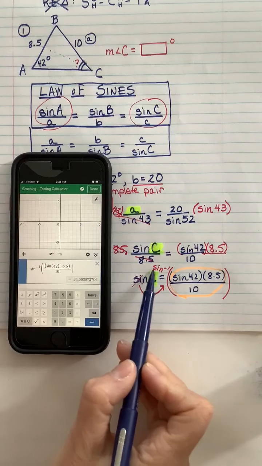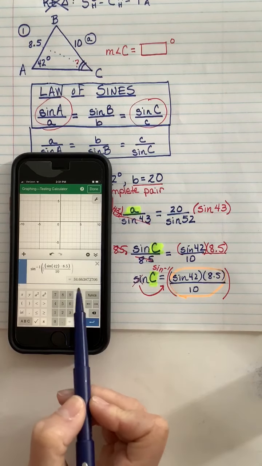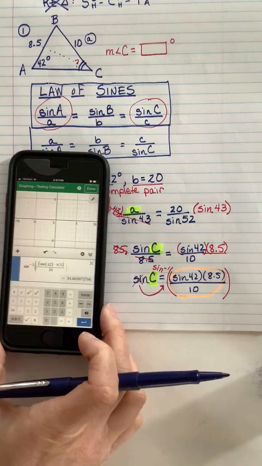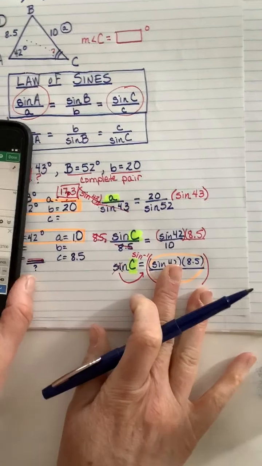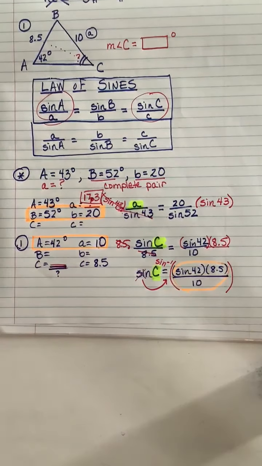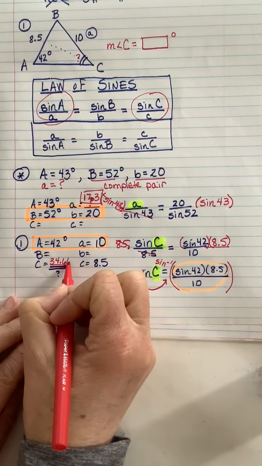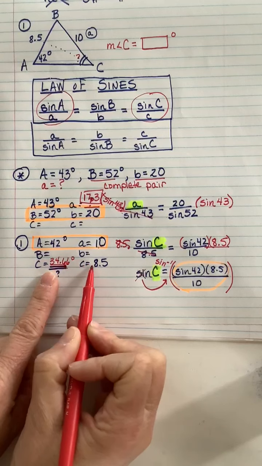So if you just save that inverse sine for the very end, now I've got a decent angle measurement, which is 34.66 degrees. So now I'm going back into my organizer, 34.66 degrees.